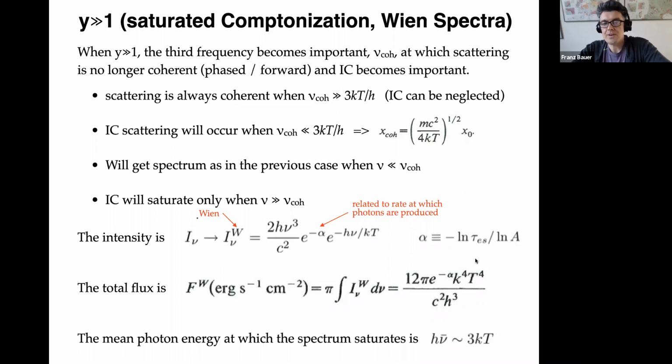We have basically KT to the 4th power here, and this amplification factor, and all of the spectrum above this coherent frequency is thrown into this flux component, which is all piling up near the electron energy. So the mean photon energy of the spectrum is going to saturate roughly at this value. So you get a pile up here.